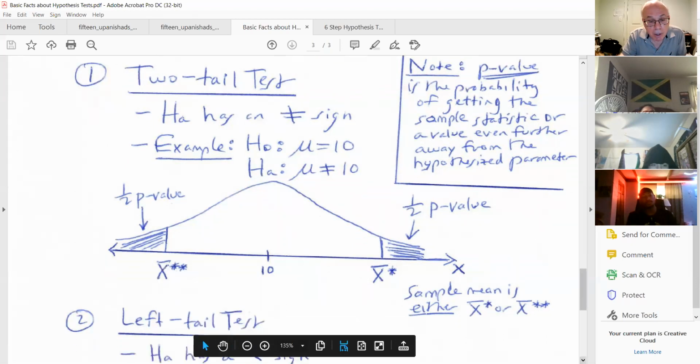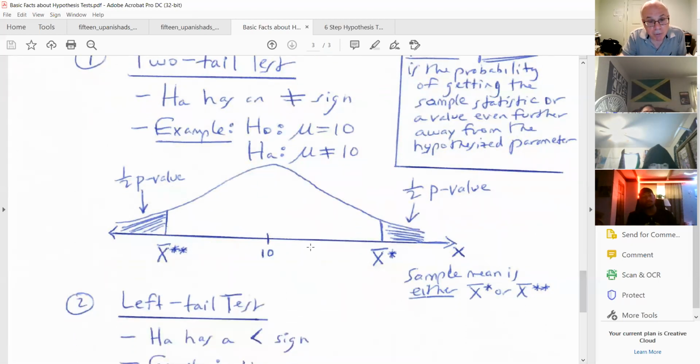I think we're good. So that's called a two-tailed test. Now, what is this thing here with the p-value? What does that mean? Well, regardless of whether the sample mean is less than the proposed population mean or greater than that, what we're going to do is calculate the area either to the right of this sample mean if it's greater than 10, or the area to the left of this sample mean if it's less than 10.